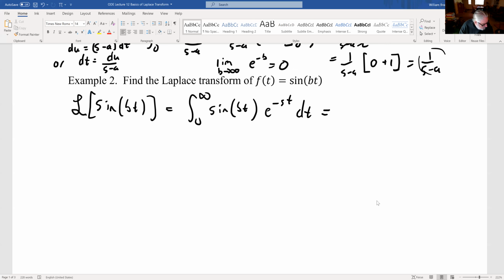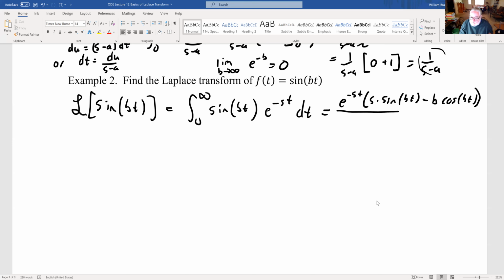You have to do integration by parts twice, which is kind of a hassle, but it's e to the minus st times s sine bt minus b cosine bt, and then I close that parentheses, and it's all over s squared plus b squared.